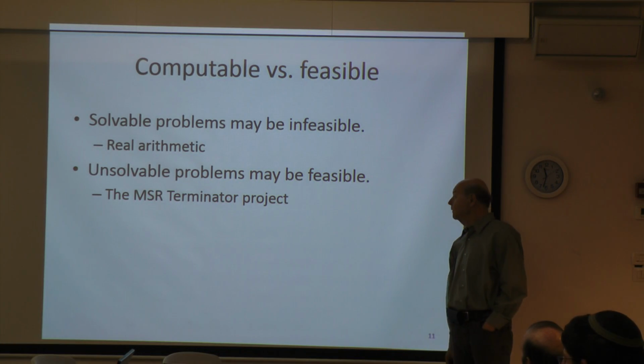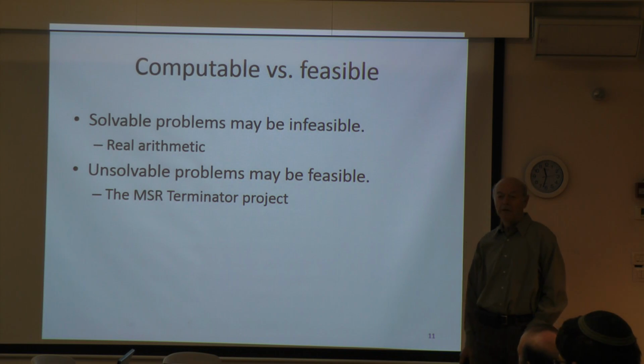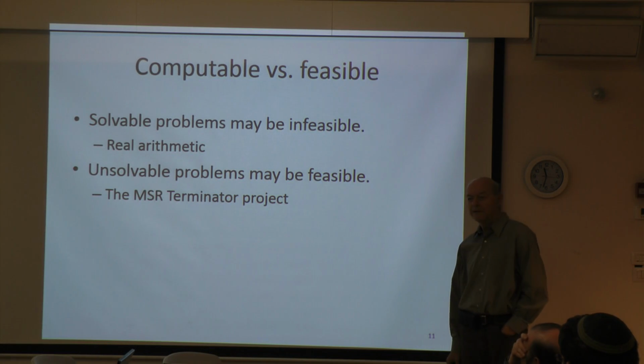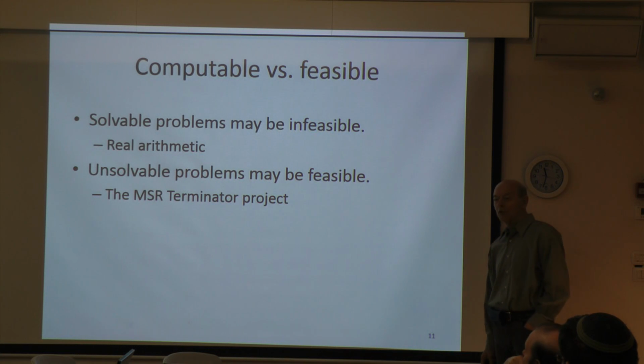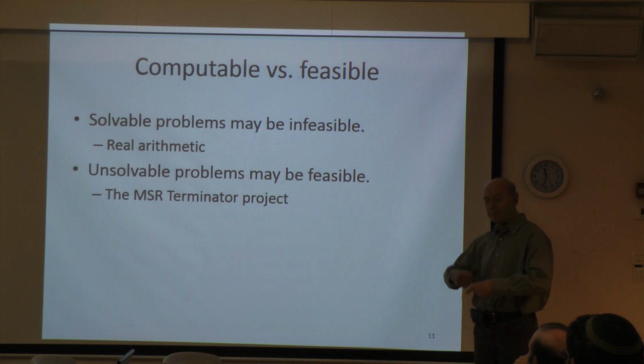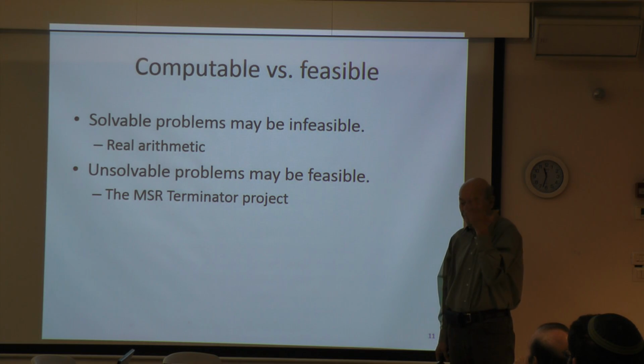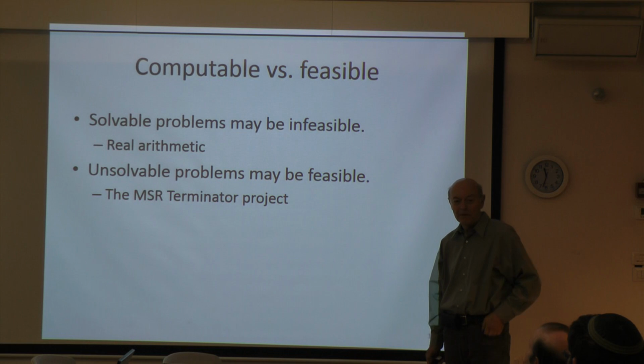I mentioned yesterday this Terminator project, which works with C, or maybe C++, I'm not sure now, programs. They just analyze real-world programs. Typically, people don't nest too many loops, because when you write a program, you have to have some understanding of the problem.